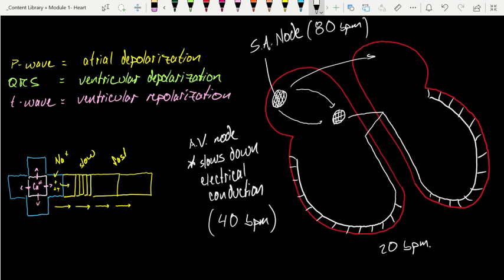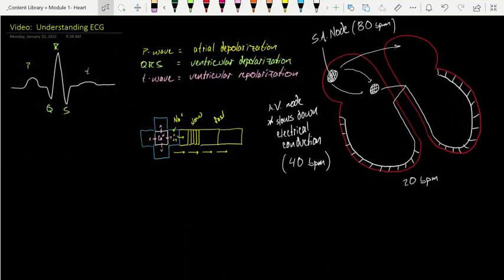And if it is indeed failure of the SA node, then they're going to schedule me for surgery in a few days, and they're going to put in a pacemaker that will use electricity to take over and artificially stimulate this process.